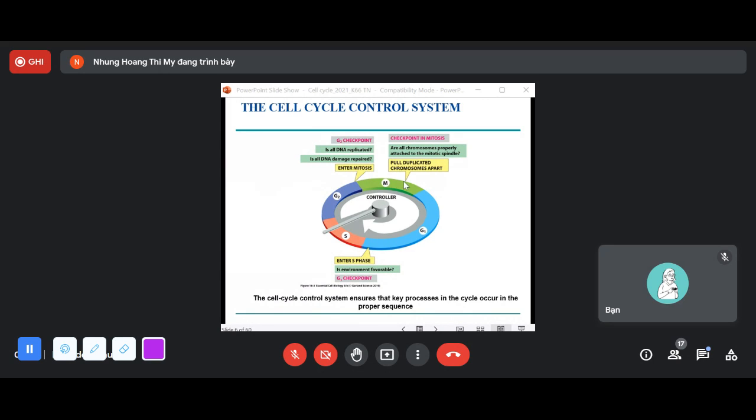And then the cell can move on from the metaphase to anaphase and finish the M phase to come into the new G1 phase of the daughter cell. So the cell cycle control system ensures that key processes in the cell cycle occur in the proper sequence and proper times. It's like right time and right place.